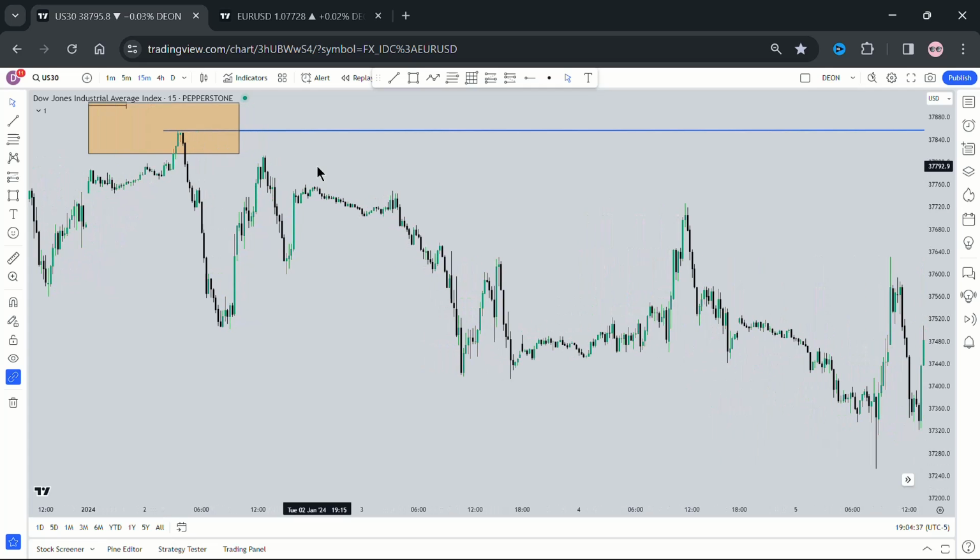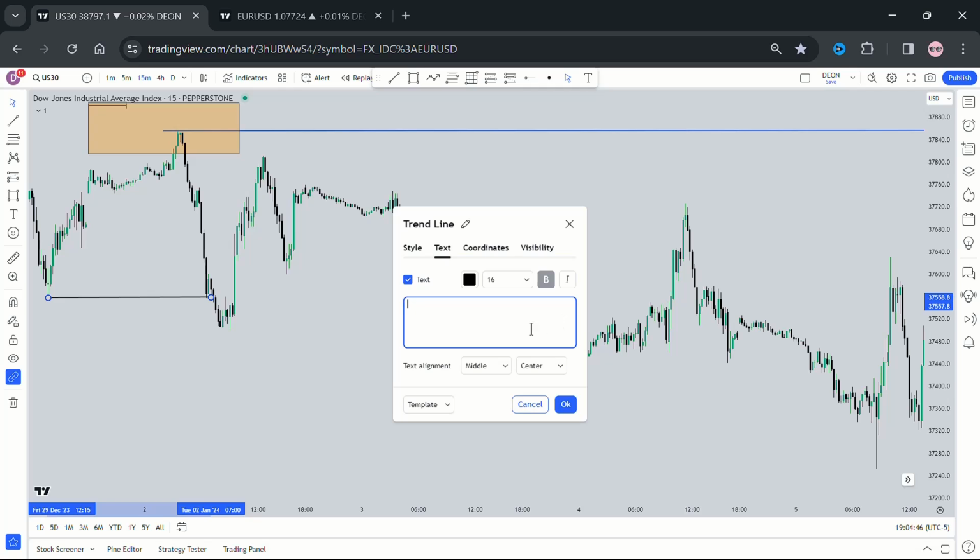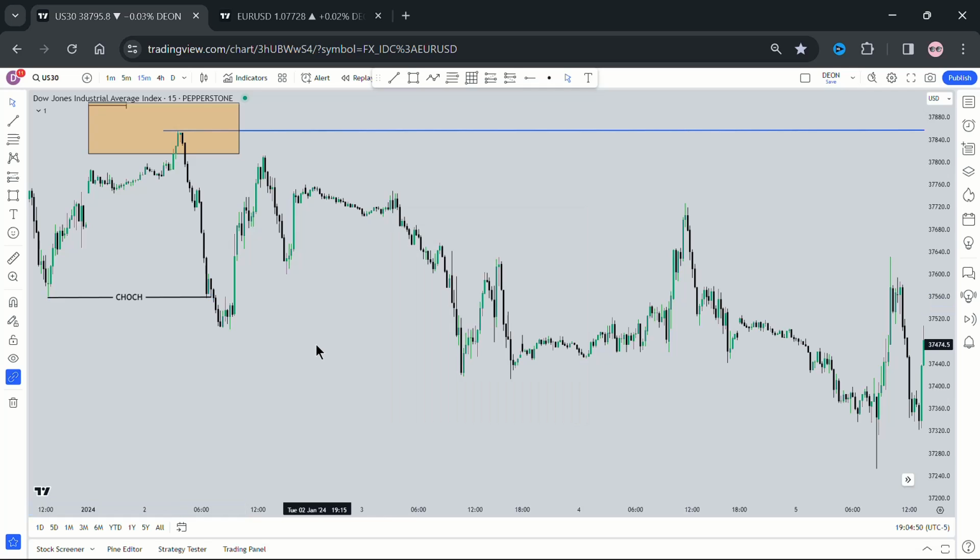This is on the 15-minute chart, a 15-minute change of character. Now, on the 4-hour chart, you already know that you are in an uptrend, but already there's a change of character here. So you have to be very careful.